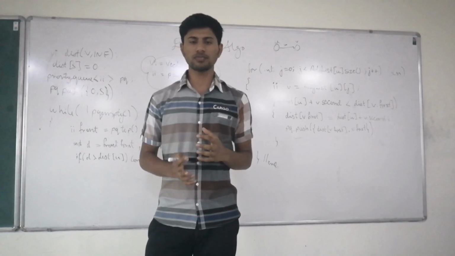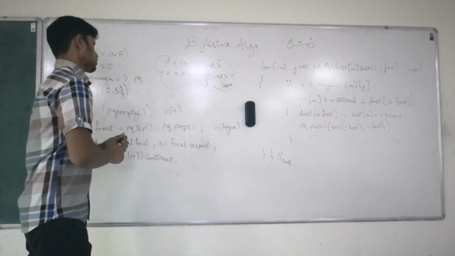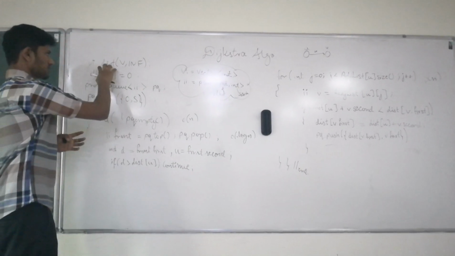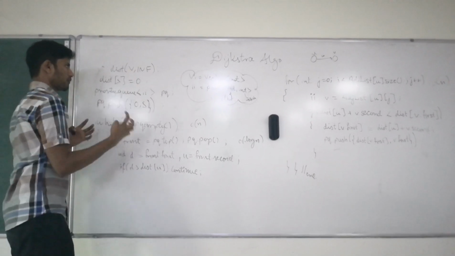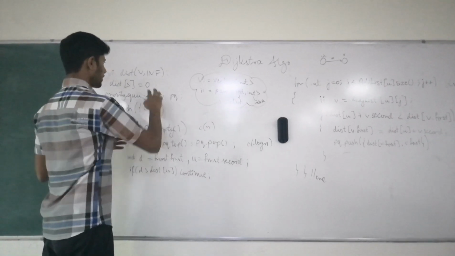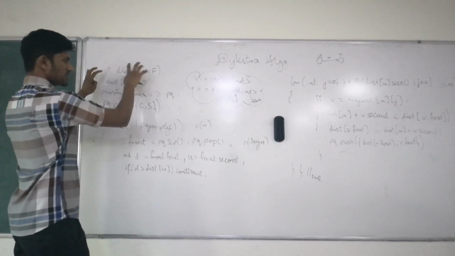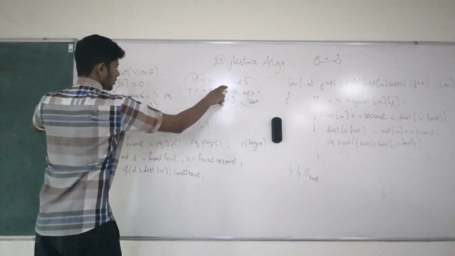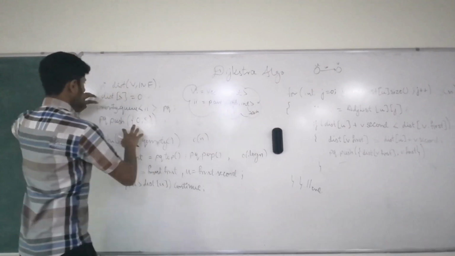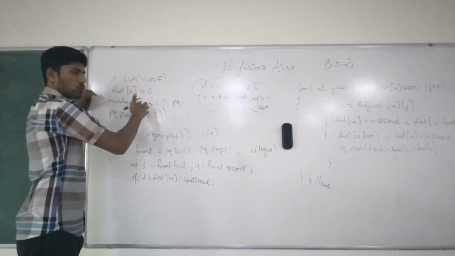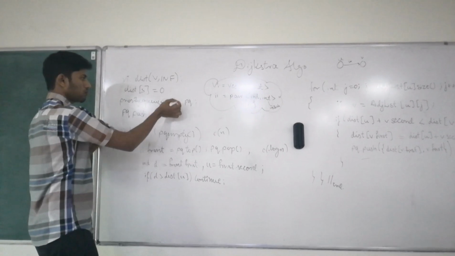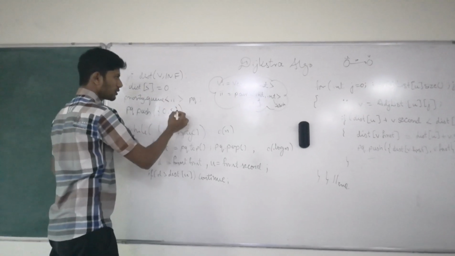Now see the time complexity of Dijkstra's algorithm. First of all, let's take a vector called distance of size equal to the number of vertices, and initialize all of them to infinity. Here vi means vector and ii means pair of ints. Then the distance from the source to the source itself is 0, and we take a priority queue which holds a pair of information.